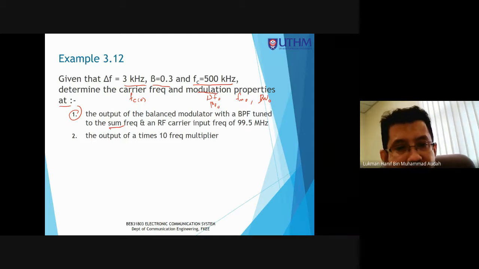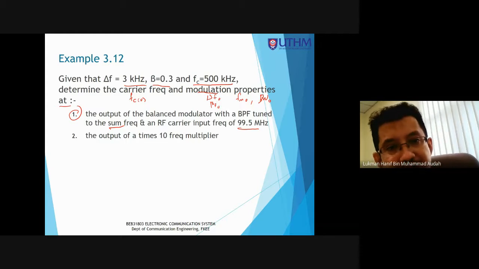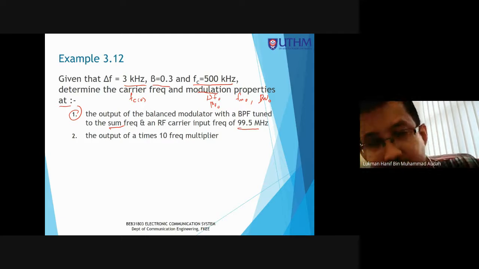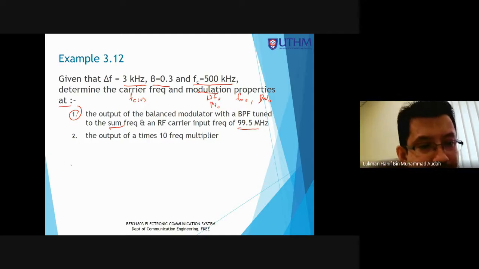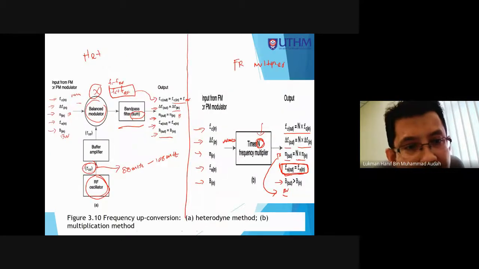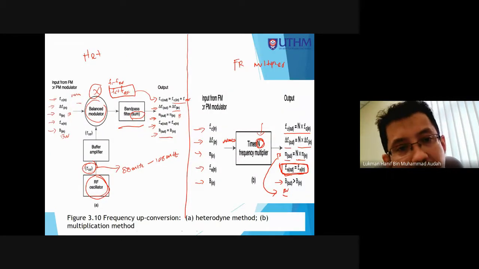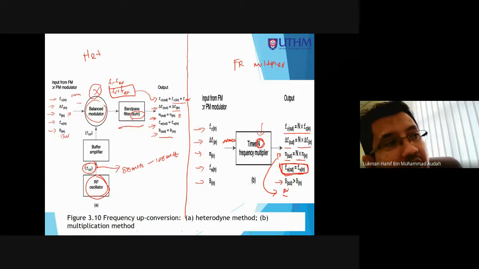Okay, and RF carrier input is 99.5 megahertz. So macam mana ni? So dalam kes ini, remember kalau kita gunakan heterodyning process, apa yang berlaku adalah FC out akan berubah. Okay, output daripada balance modulator ada dua bahagian, lower sideband and also the upper sideband.